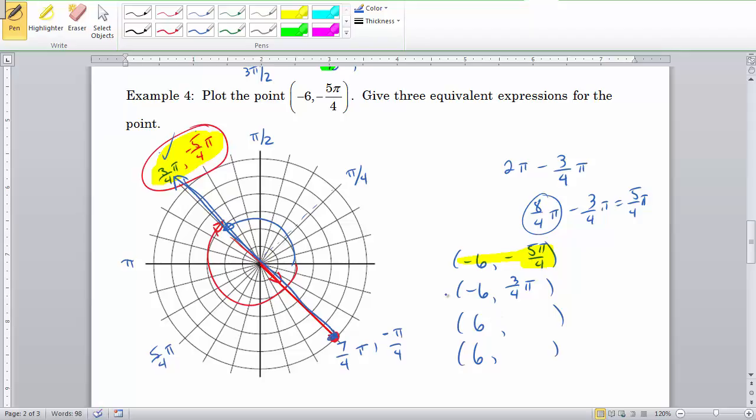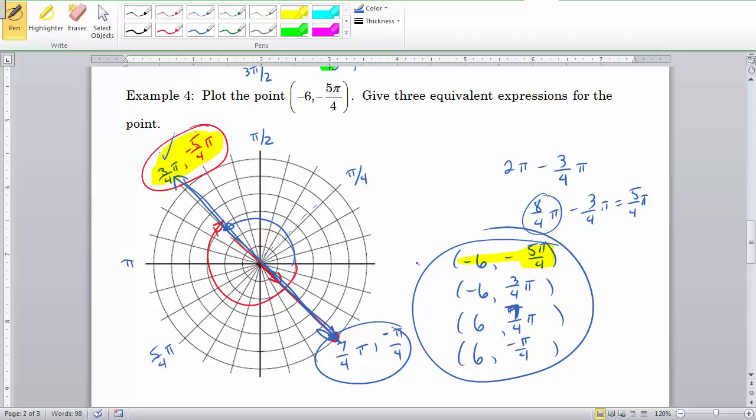And now with the positive, I want to use these 2 because I'm going toward those angles. So we have 7 fourths pi and negative pi over 4. And those are my equivalents in radians because that's what I started out with.